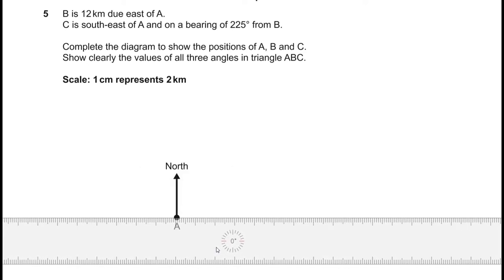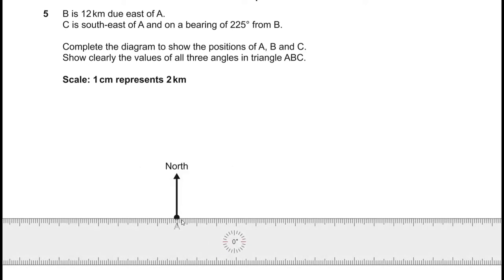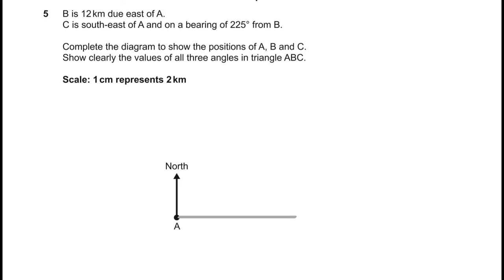So if I measure from this point A 6 centimeters, we've got 1, 2, 3, 4, 5, 6. So the point B is going to be over here. So now we know that C is southeast of A. So if I think about my compass, I've got north, east, south, and west.